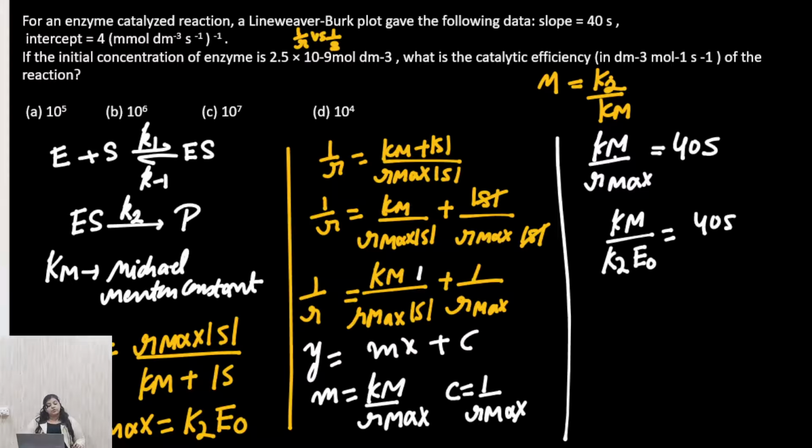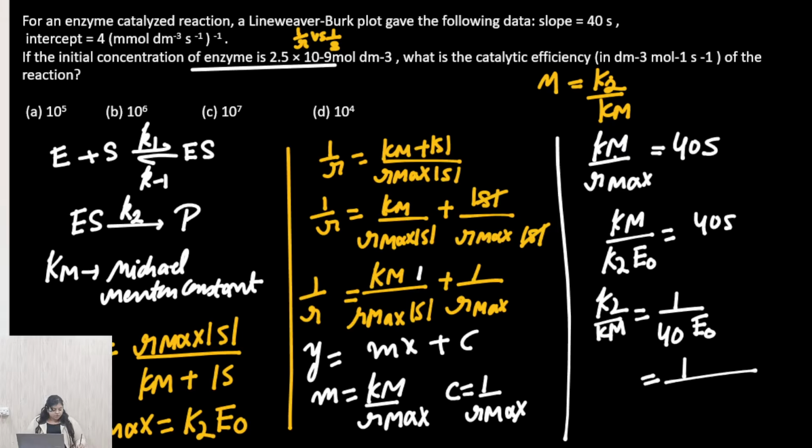We need the ratio of K2 by Km. So K2 by Km is going to be equal to 1 upon 40 into E naught. The initial concentration of enzyme is given to us, so you can substitute it over here. It will be 1 by 40 into 2.5 into 10 raised to the power of minus 9, right? So just solve this. The decimal will come over here, this 10 and this 10 can cancel out, 25 fours are 100. So 10 raised to the power of minus 7.